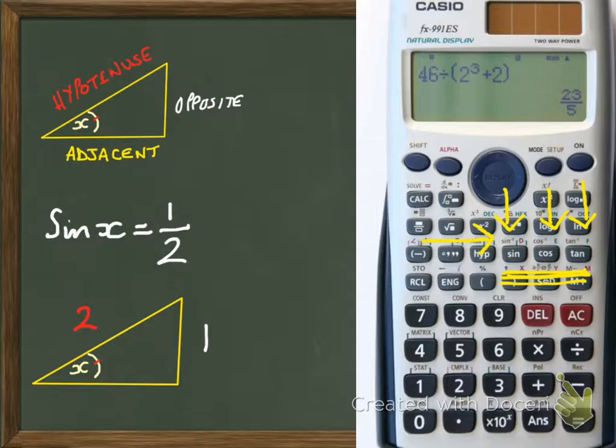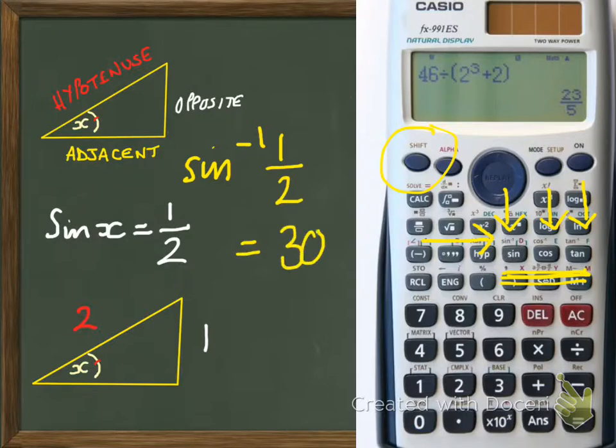So all we need to do is we punch into our calculator, and you may need to try this, but you're going to push in something like, and you'll see that on this one you actually have to do shift and then press the sine button. It gives you sine to the -1. You'll do sine to the -1 of a half. Now if you do that, the answer will come out as 30 degrees.